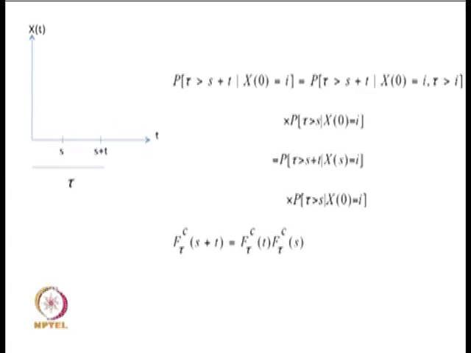Therefore, this is nothing but the complement CDF for the random variable tau at the time point t, multiplied by the complement CDF of tau at the time point S, whereas the left hand side is the complement CDF for the random variable tau for the time point S plus t.